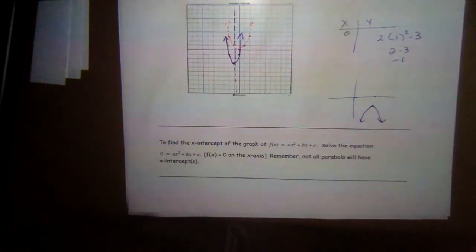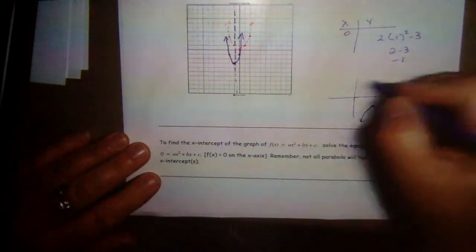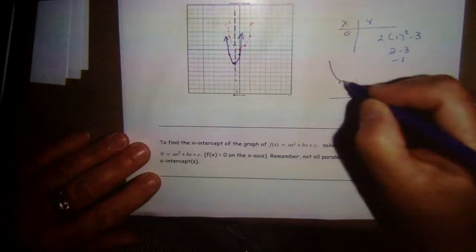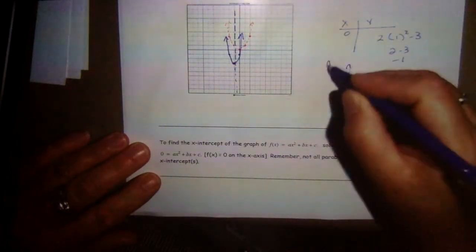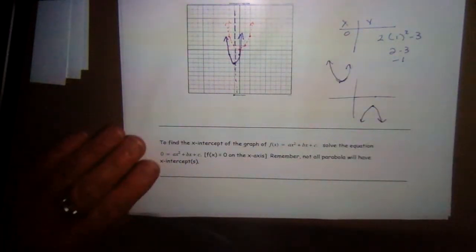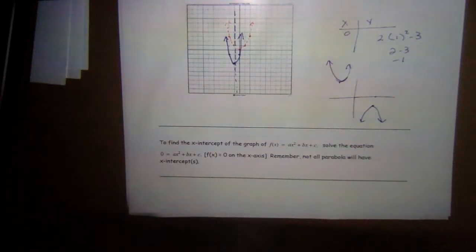It could be above it and open up. That one doesn't have an x-intercept either. So remember, not all parabolas will have x-intercepts. Will they have y-intercepts? Yes, they will always have a y-intercept.